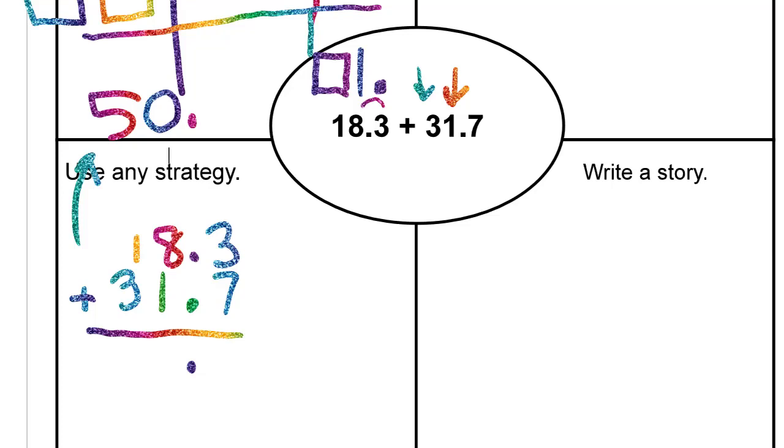All right. So what do you think about their story? Do you have any ideas of how they could write a story using these numbers? Well, I'm thinking something involving tenths. Mr. Schmidt spent $18.30 on new books for his classroom.